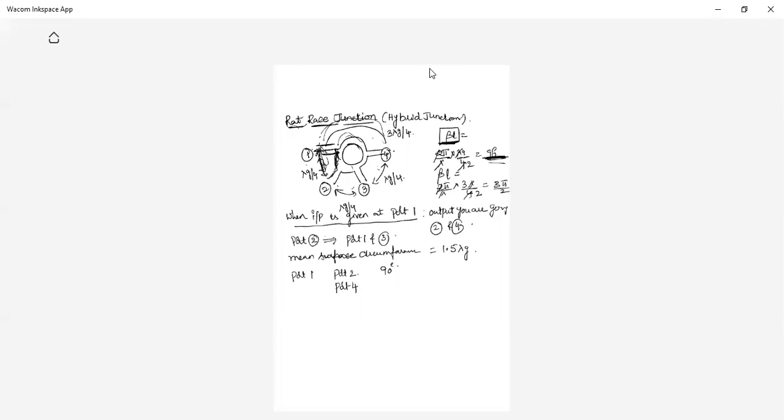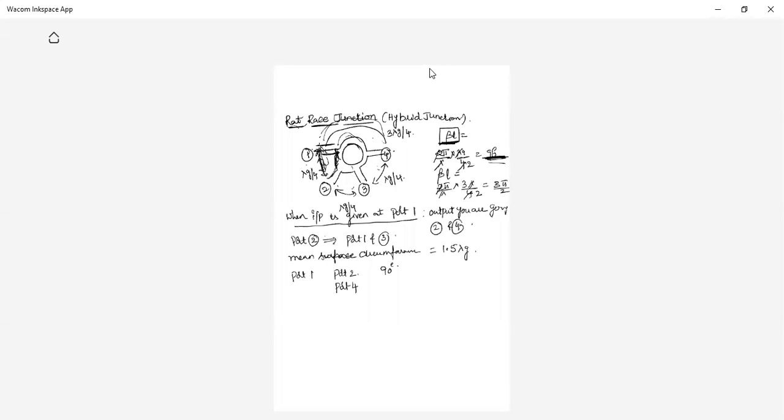If those two are added together, that means 90 and 270, or 360 plus 90, we can add. When you are getting the same phase, we can add the signals. When you are getting different phases, you can subtract. One you are getting 360, another 180, so those can be subtracted.